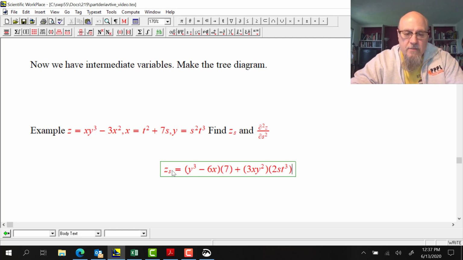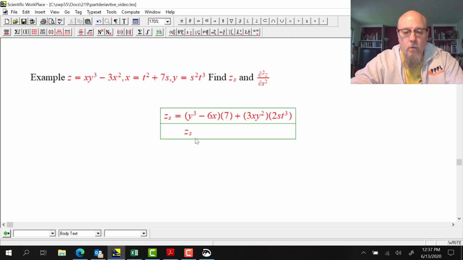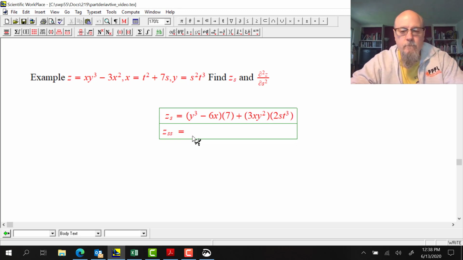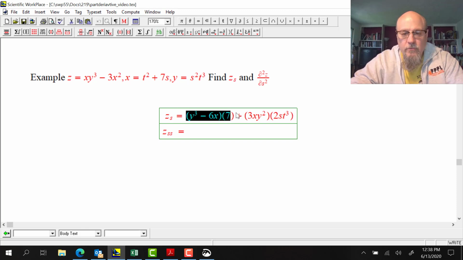Because if I'm going to differentiate this piece again, that's just going to throw another s there. And all I have to do is differentiate this piece with respect to s, and then differentiate this piece with respect to s.